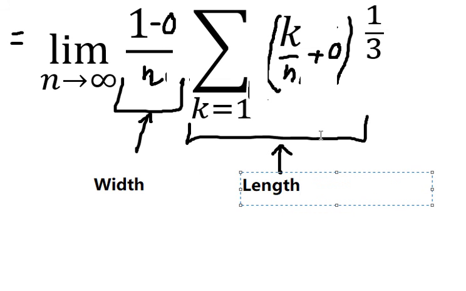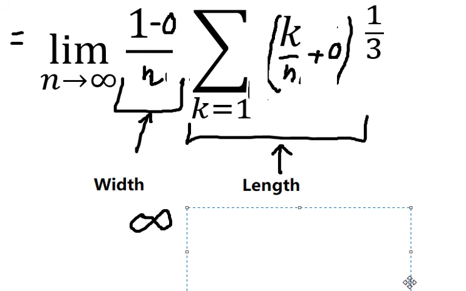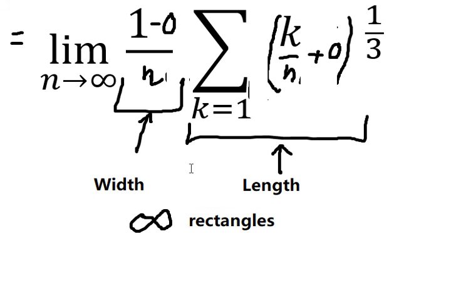Because n goes to positive infinity, that means we have positive rectangles. They multiply the width and the length with each other in here. So that means they start with s equal to number 0 and they stop at s equal to number 1.